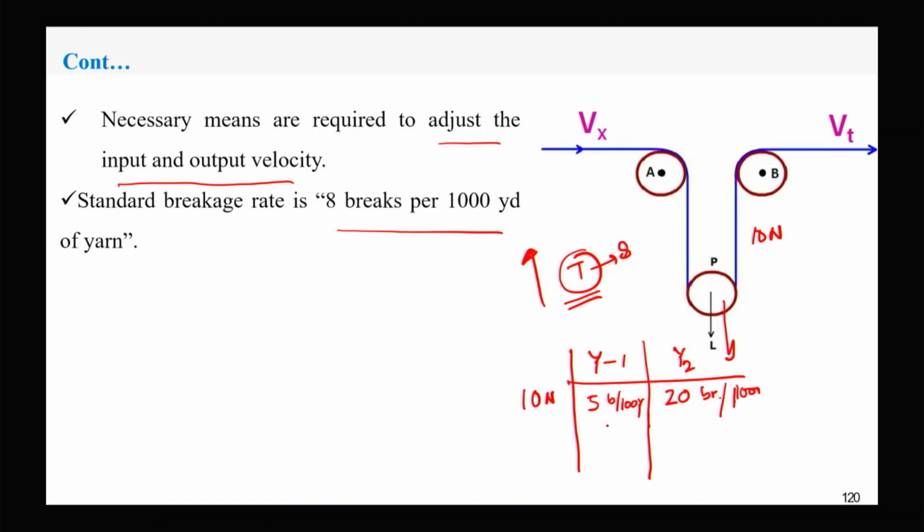Now for yarn 1 to bring it to 8 breaks per 1000 yard, we have to increase the load, so say at 12 Newton it becomes 8 breaks.